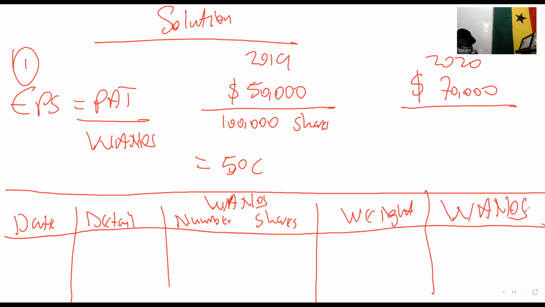Follow this. As soon as you get this format right, earnings per share will not be a problem again. You see that we did not weight the average of these 100,000 shares, because they didn't issue any new shares during the year. But for 2020, because they issued new shares, we must find the weighted average.